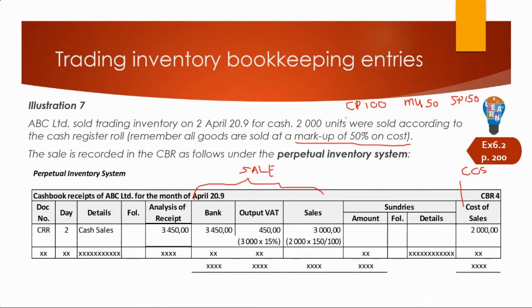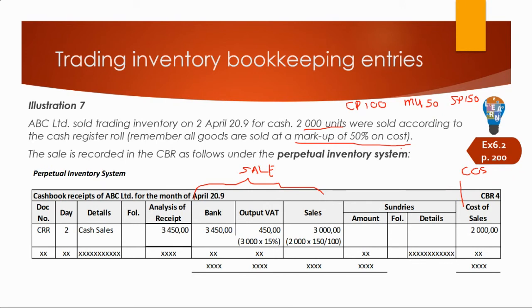So we had the cost price here, the 2,000 units. And now we're converting it to the sales price, which is 150 over 100, which is 3,000 Rand. Then you add the VAT, which is 15%, which is 450, to get to a bank value of 3,450. And then the cost of sales in this scenario would be the initial 2,000.